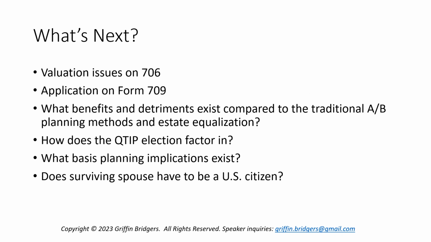Then we'll dive back into some fundamental requirements on an intermediate level, maybe benefits and detriments, comparing AB formulas to estate planning using the portability election, the QTIP election, basis planning implications, and also, as I mentioned with the QDOT, does the surviving spouse have to be a U.S. citizen to use the DSUI?